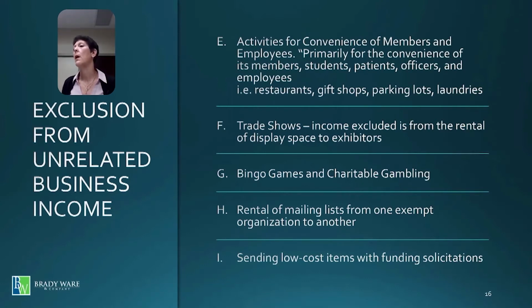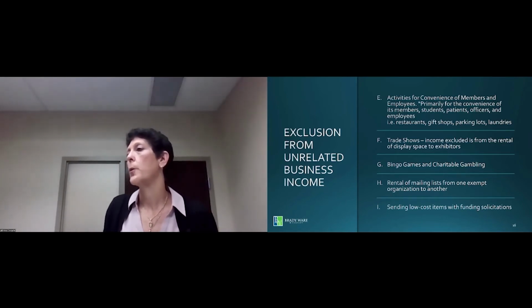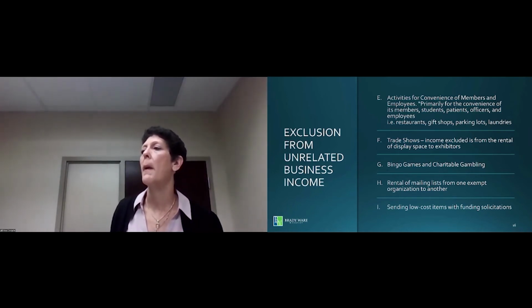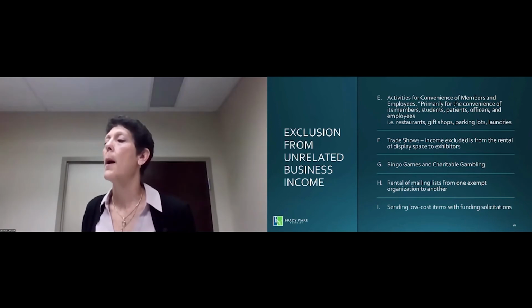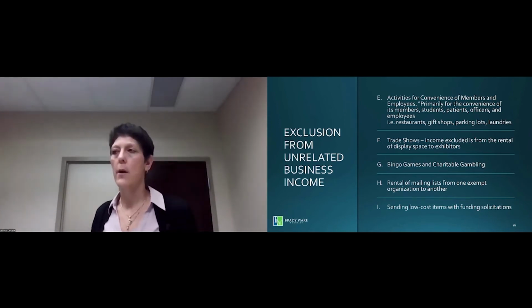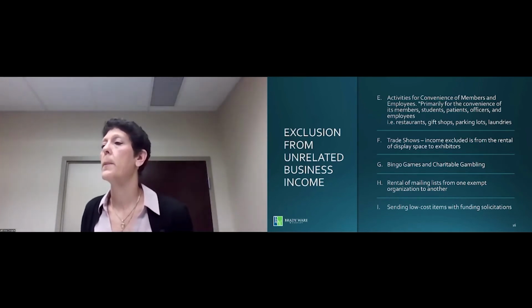Some examples here are restaurants, like your hospital restaurants, or gift shops in a museum, parking lots for your patients, where patients or people coming in to visit patients don't pay anything, or they pay a nominal amount to park, or laundries, like at student union halls. That income is automatically excluded and not classified as unrelated business income.